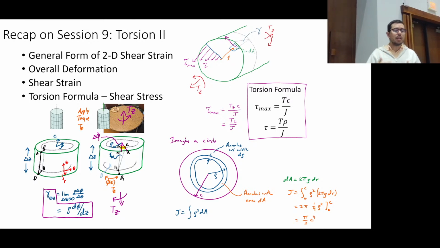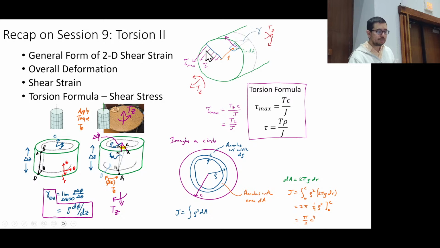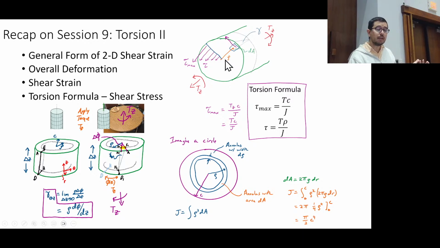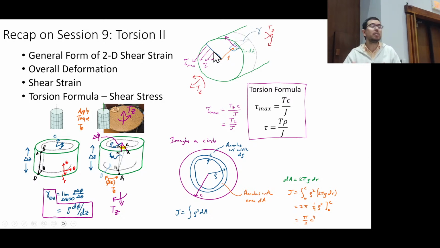So when we're thinking about the shear stress at a particular location, we need to know whether it's being calculated at the outer surface, or at some inner location across that circular cross-section.